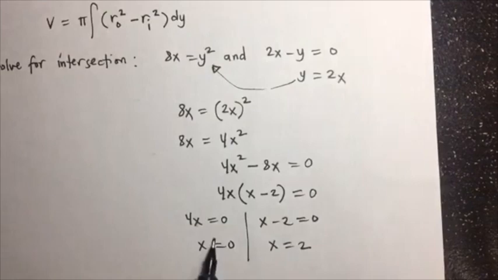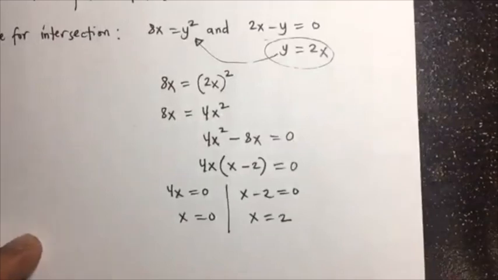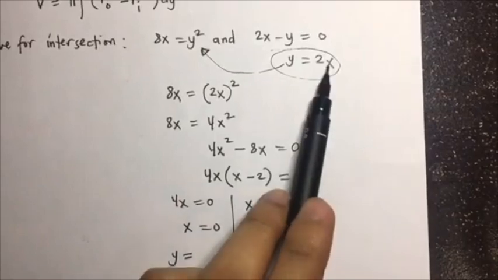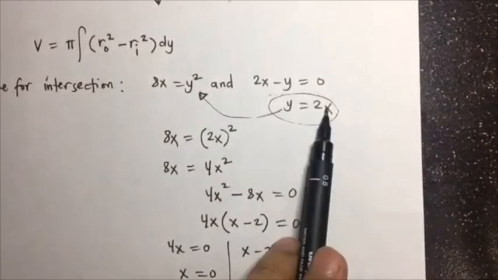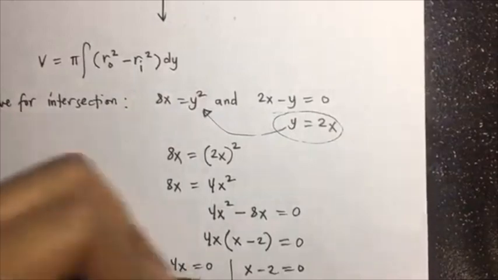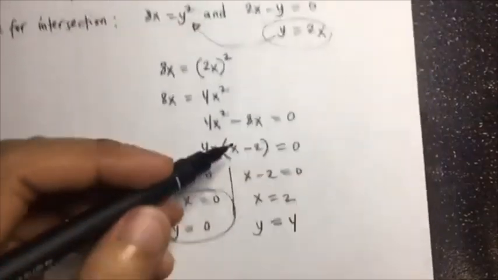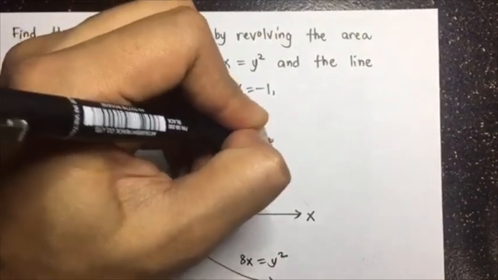So substituting x is equal to 0 and x is equal to 2 here, we can solve for y. At x is equal to 0, y is equal to 2 times 0, which is 0, and at x is equal to 2, y is equal to 4. Therefore this one is the coordinates of the first point, the origin, and this one is the coordinates of the second point, x is equal to 2, y is equal to 4, so (2, 4).